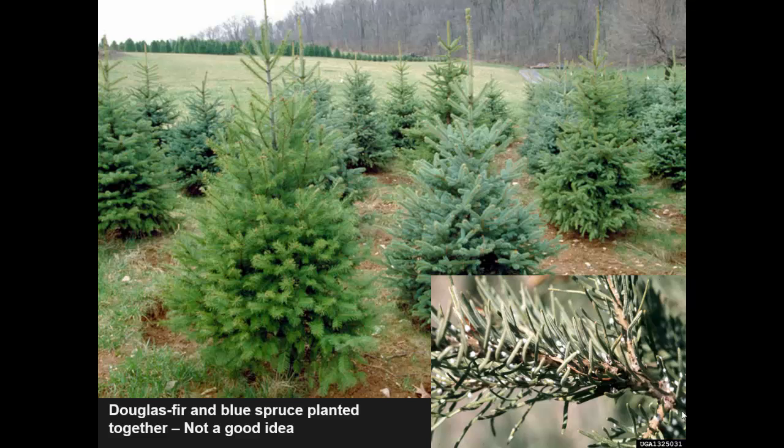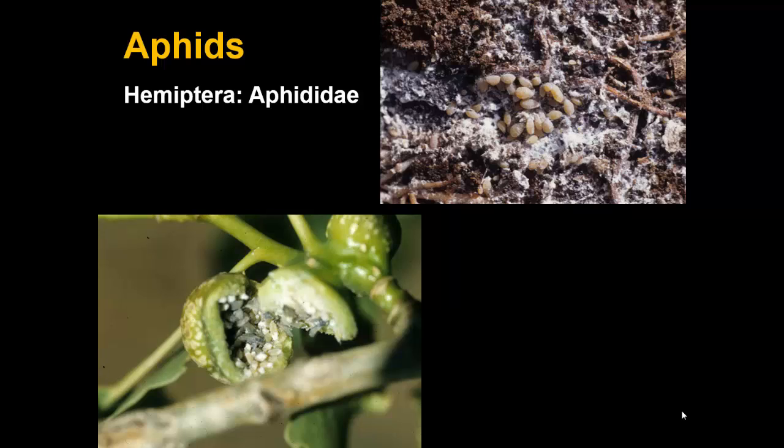Here we have a Douglas fir and blue spruce planting both together. Bad idea. This would allow both stages of the insect to be completed on these two hosts, and you could expect to be having problems with high numbers of this insect.